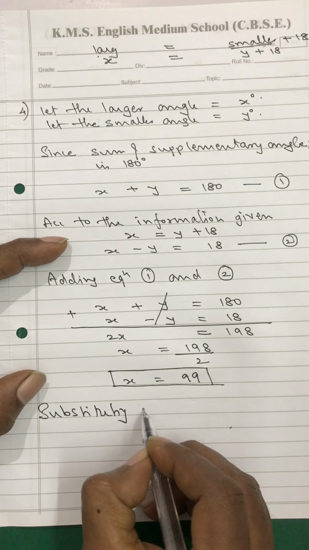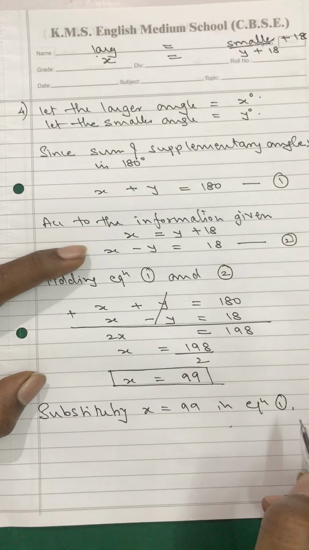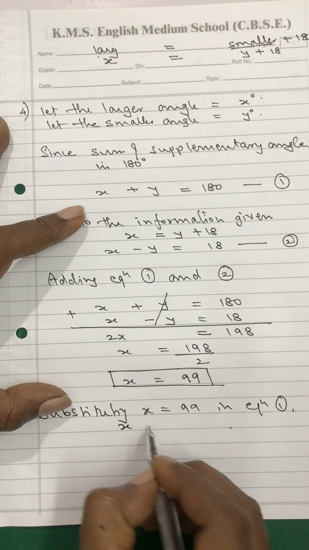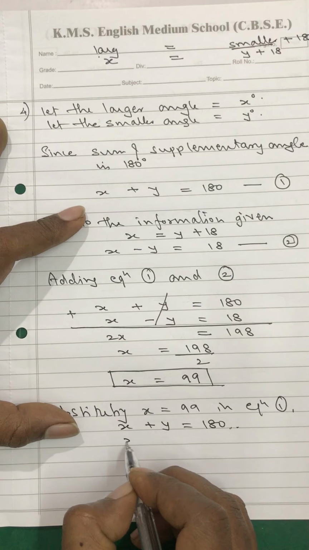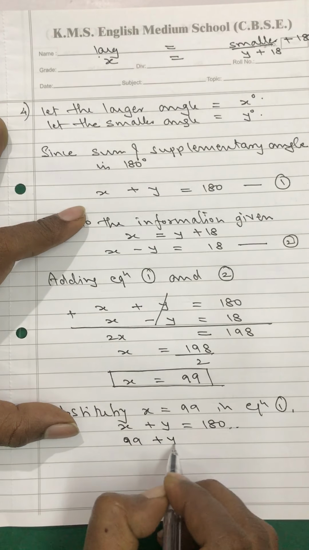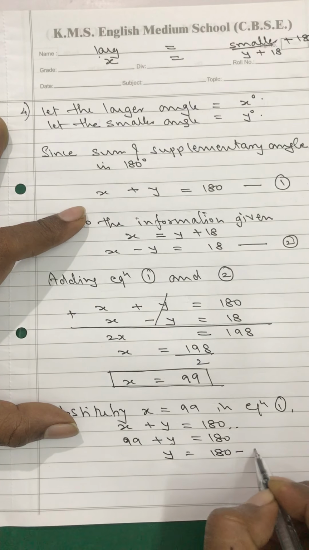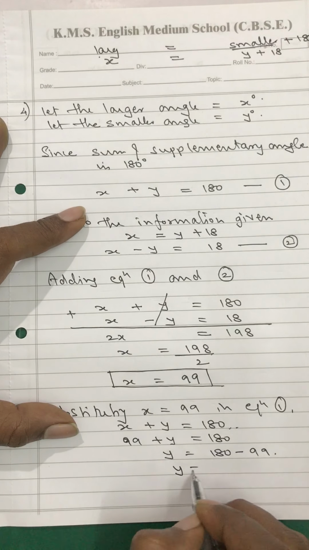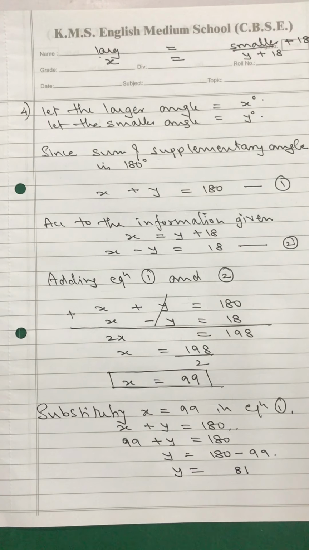Substituting x is equal to 99 in equation 1: x plus y, so 99 plus y is 180. So y is equal to 180 minus 99. Hope it is 81. Yes, 81.